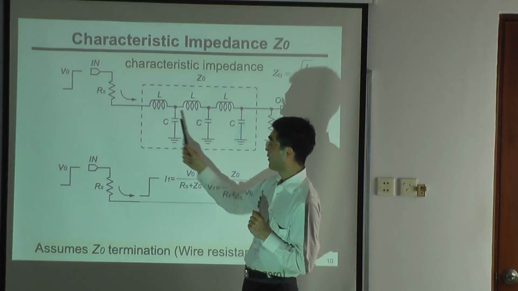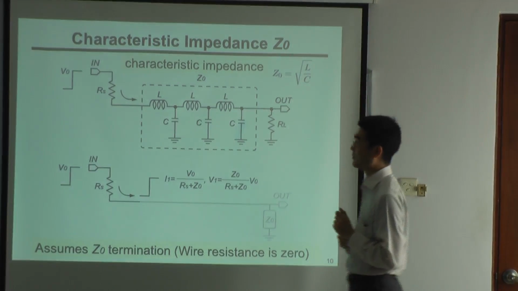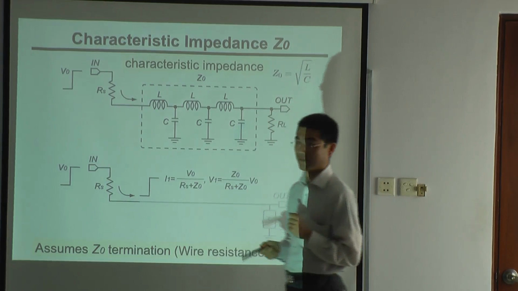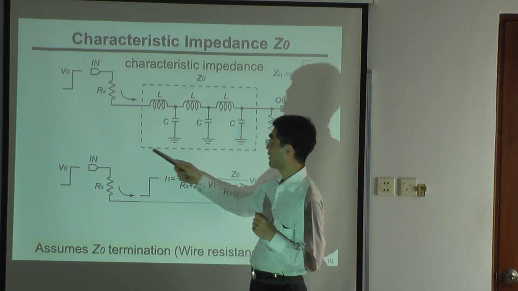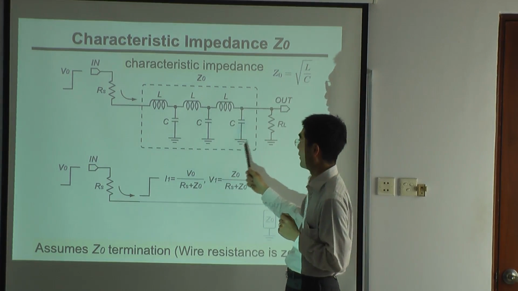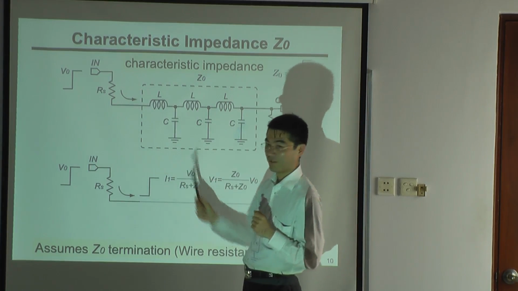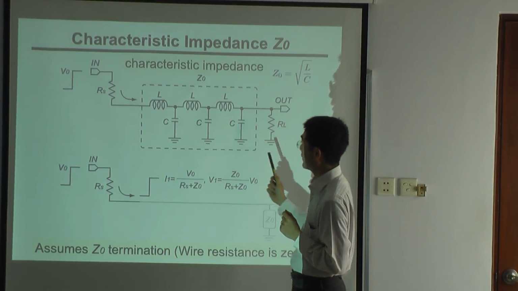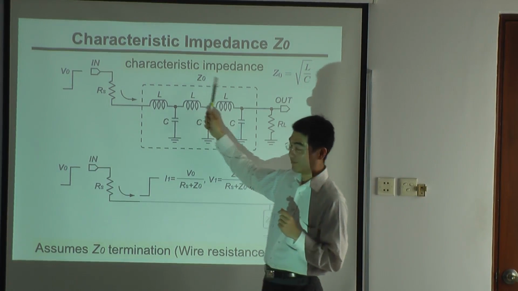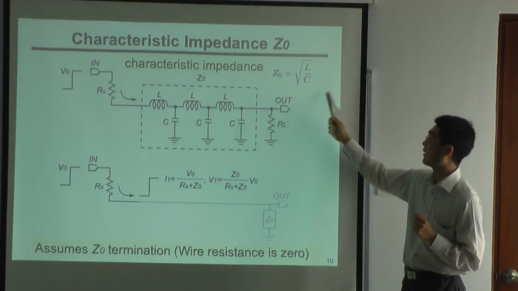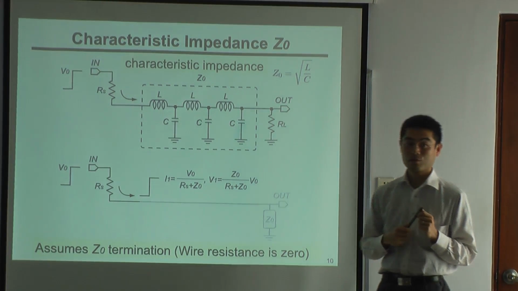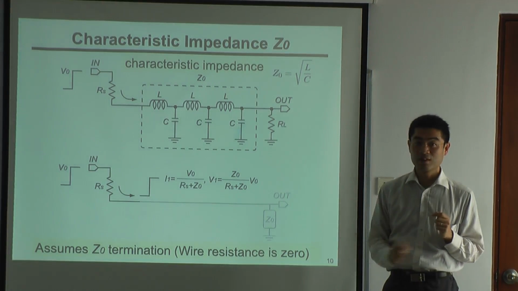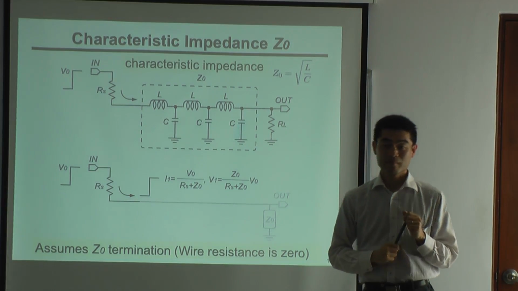In this case, the current sees this kind of LC ladder, and it is called Z0. Z0 is defined by the square root of L over C.